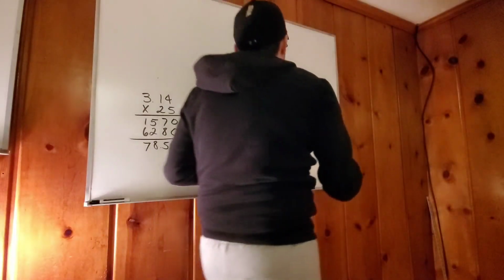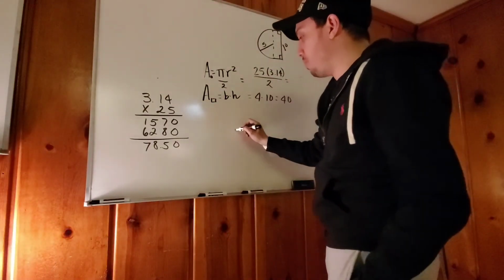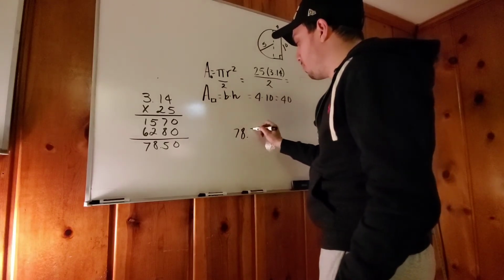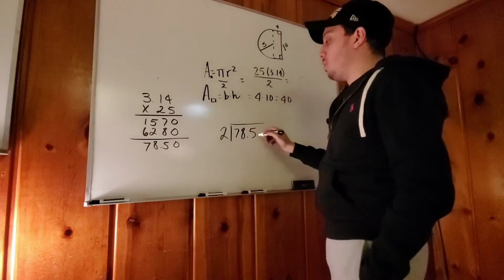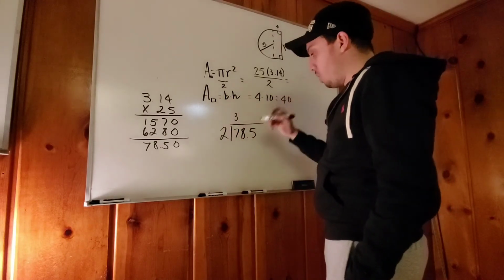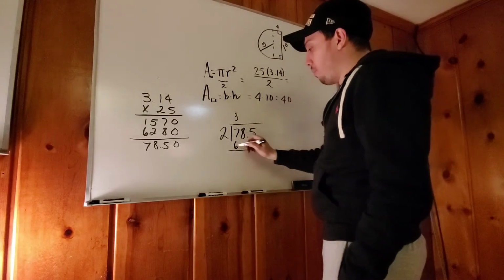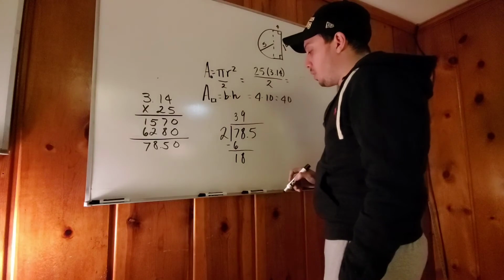78.5. Now we have to grab that 78.5 and divide it by 2. Into 7, it fits 3 times. Into 18, it fits 9 times.